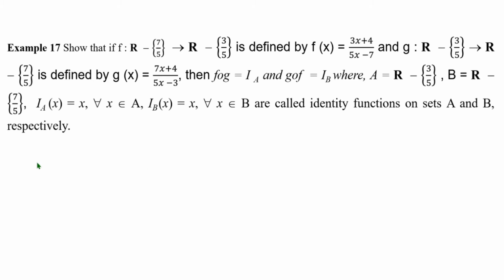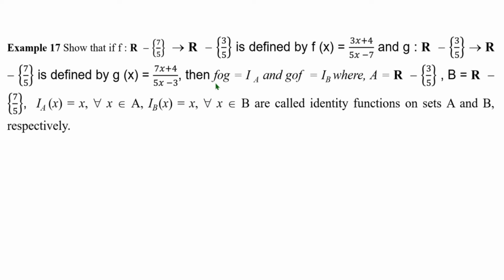So we are given f is a function from the set R of real numbers minus the element 7 by 5 to the set R of real numbers minus the element 3 by 5, defined by f of x is equal to 3x plus 4 by 5x minus 7, and g is a function from R minus 3 by 5 to R minus 7 by 5 defined by g of x is equal to 7x plus 4 by 5x minus 3.